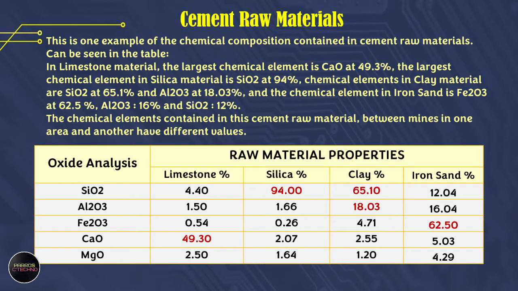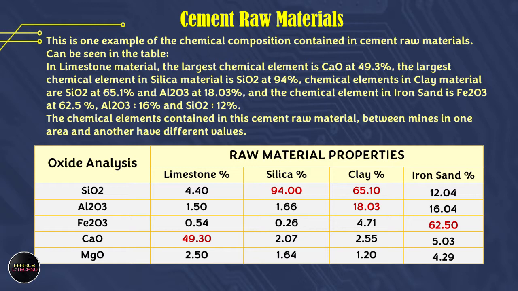Cement raw material. This is one example of the chemical composition contained in cement raw materials. It can be seen in the table. In limestone material, the largest chemical element is CaO at 49.3%, the largest chemical element in silica material is SiO2 at 94%, chemical elements in clay material are SiO2 at 65.1%, and Al2O3 at 18.03%.